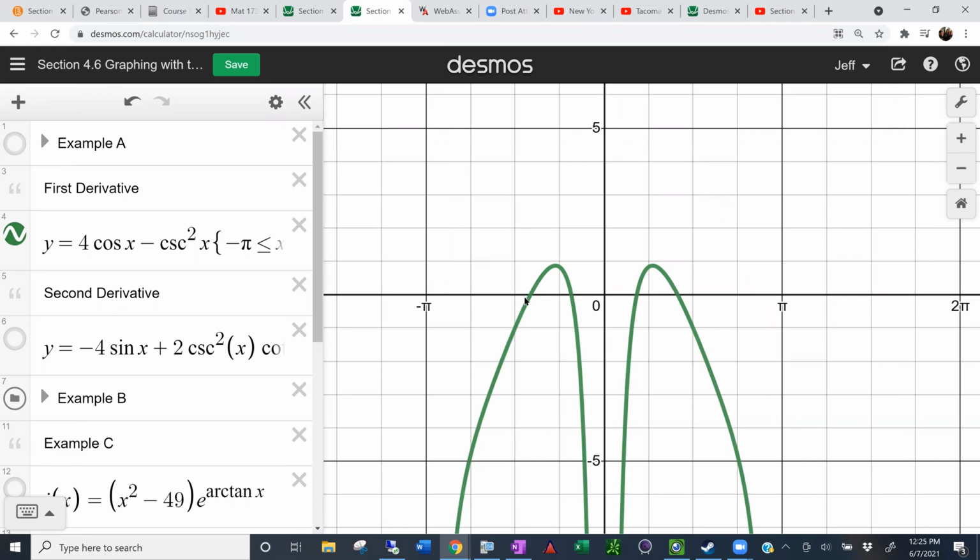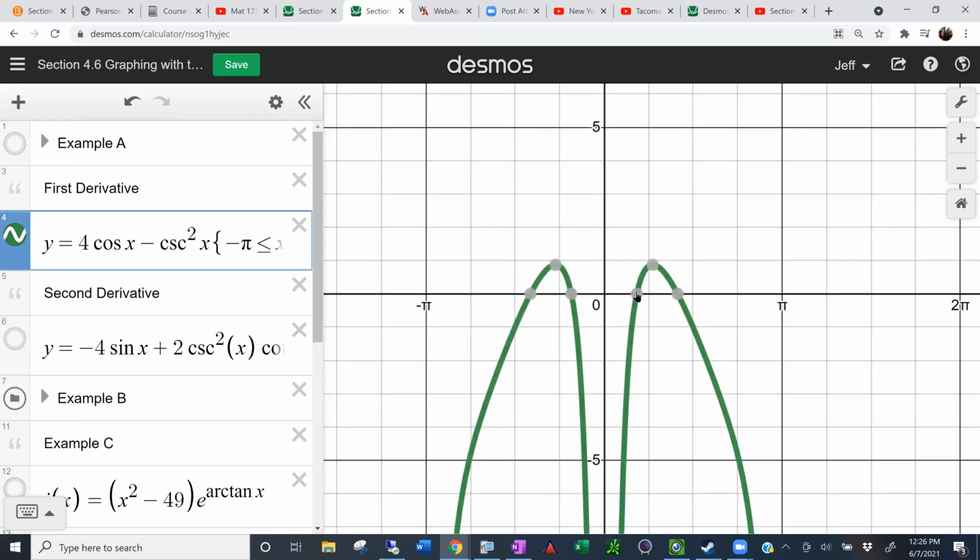Now, one thing that's wonderful about Desmos is you can just click it and it gives you these points. And these points are gold. Why? Because these points are places where the derivative changes sign, correct? One of the things you'll see is that the derivative is not defined at one point on this graph. Where is the derivative not defined?